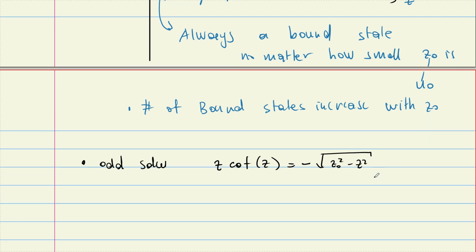And you'll show no solution for small z naught. So that's the difference. Everything else is the same. As you increase z naught, there will be a threshold where there will be one solution, and if you increase the radius of that circle, there will be more and more solutions.